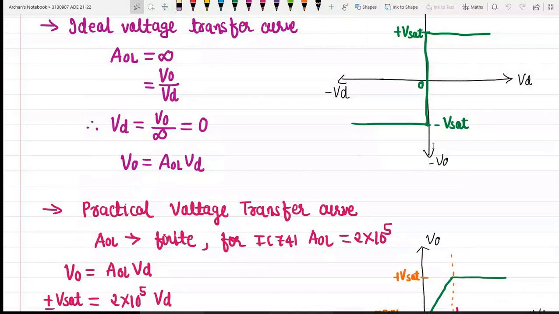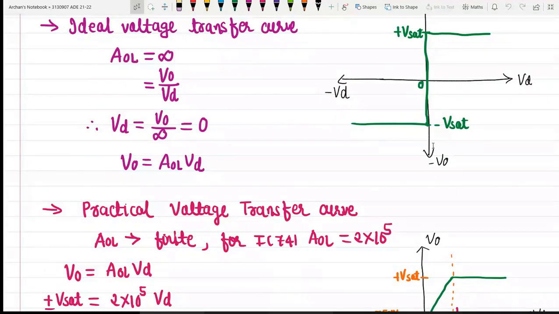So we will have some practical values of all these characteristics. Whenever we are dealing with the practical operational amplifier, how will this op-amp behave, what will be the input voltage range, what will be the output voltage, what will be the value of the bandwidth, what will be the value of gain. All this matters.